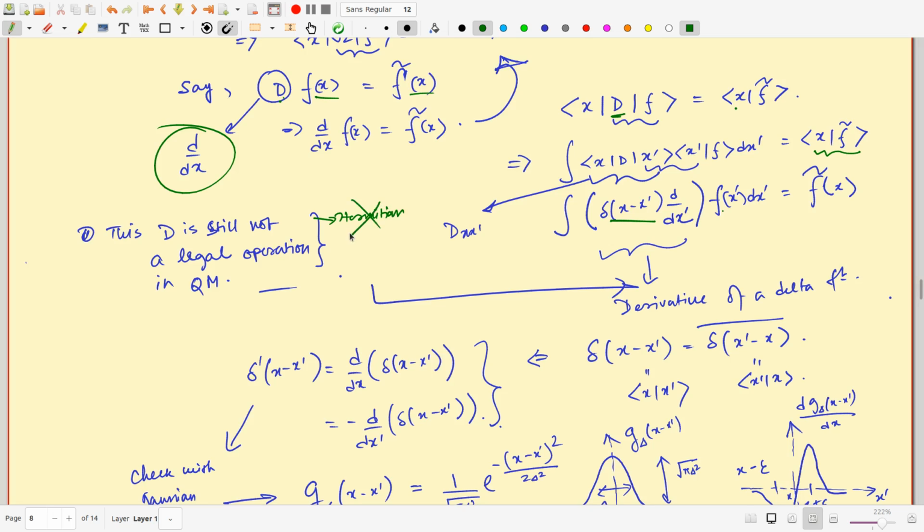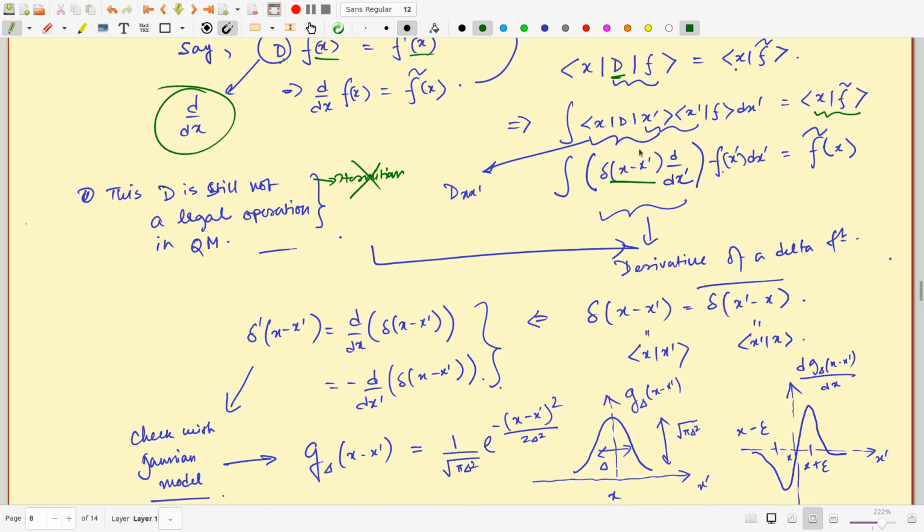But we know that in quantum mechanics an operator is associated with an observable, and an observable is associated with a measurement which produces a real number, and that is why it has to be Hermitian. We will see later how to make this operator Hermitian, but in order to do that, let us first understand what it is if it is not Hermitian, and what I can do, because only then will we know what to do to make it Hermitian.